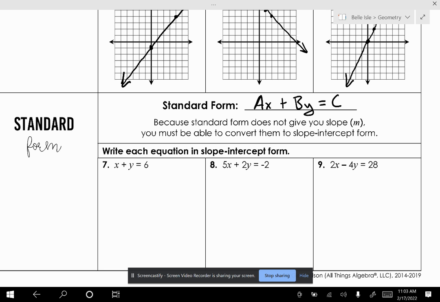Okay, so let's look at number 7. You are given an equation in standard form. We need to translate that into slope-intercept form. So how are we going to translate x plus y equals 6 into slope-intercept form?